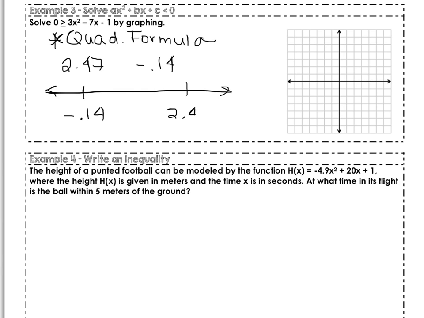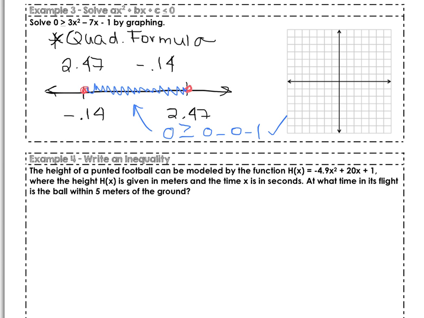Okay, now these locations here, they will be solutions because we are or equal to, so they get shaded circles here. So if I pick a spot in the middle, 0 being the best one, plug it in, is 0 greater than or equal to 0 minus 0 minus 1? And it is.